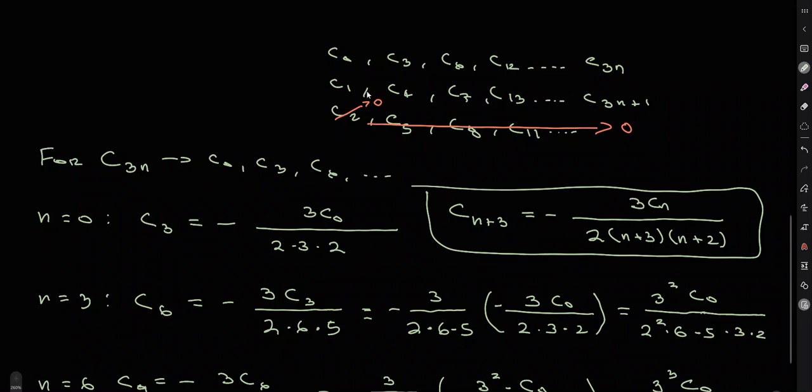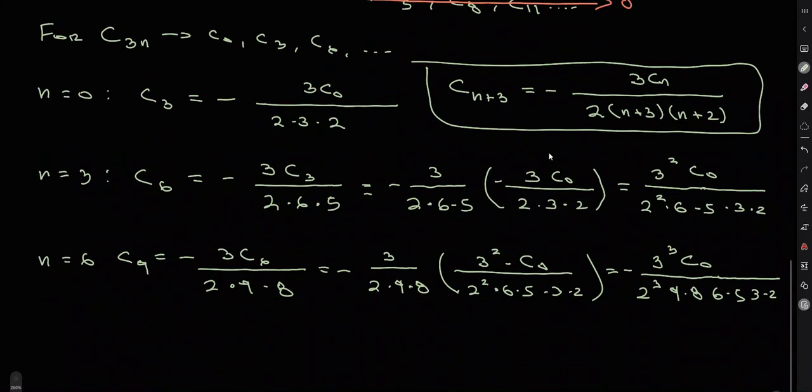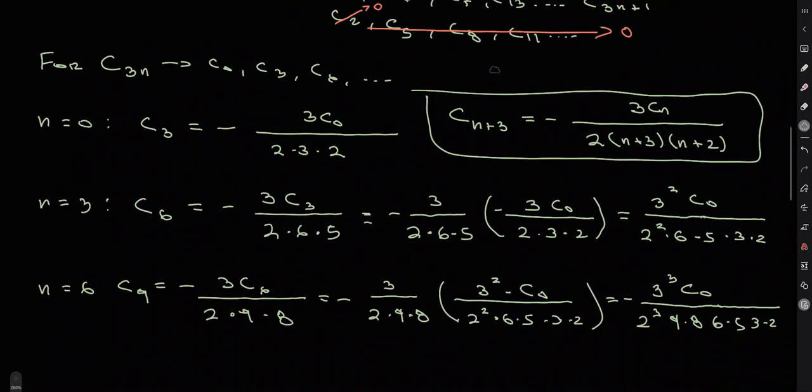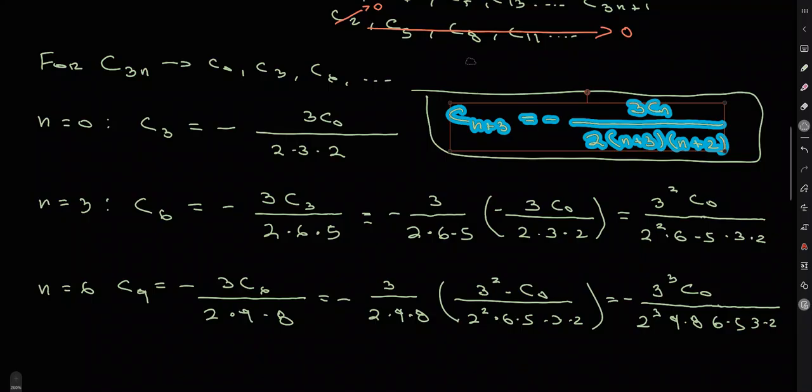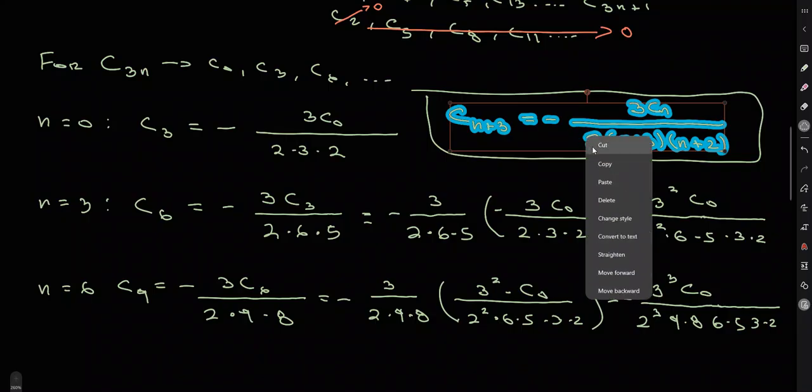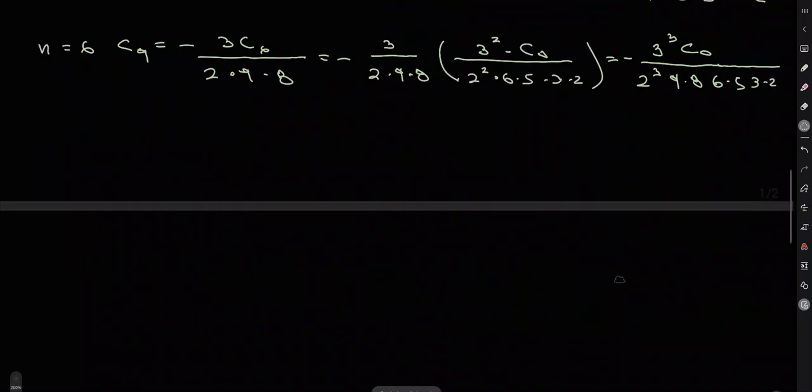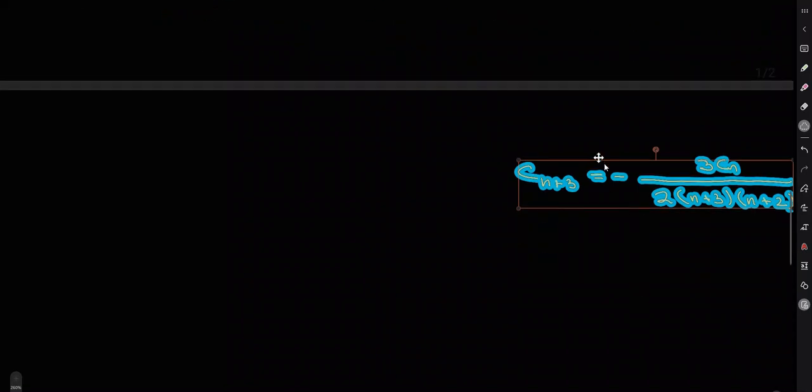Let's have a look at the coefficients for the second chain. That is c1, c4, c7, c10, etc. All right, so let me add another page for this. And let me also bring the recurrence relation with us. All right, so we're going to need it. Copy and paste.